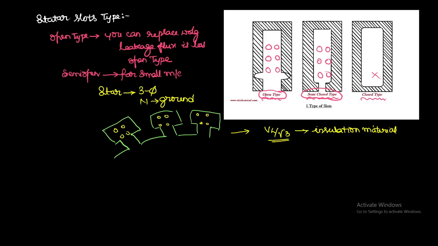Let us go to the rotor. Here there are two types of rotors in case of alternators. One is the salient pole alternator, also called the projected pole alternator.